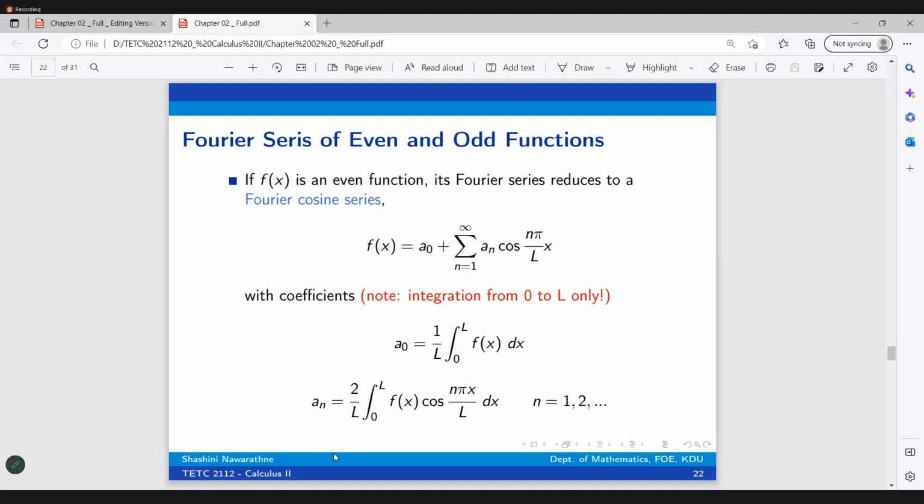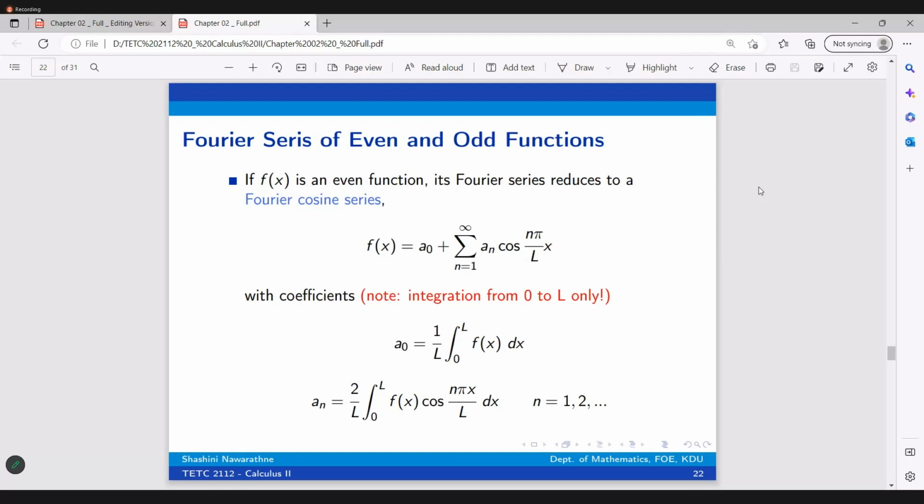To find an, earlier we used 1 over l, integration from minus l to l of f of x cos something dx. But since the function is even, we use this new formula: 2 over l, integration from 0 to l of f of x cos n pi x over l dx.